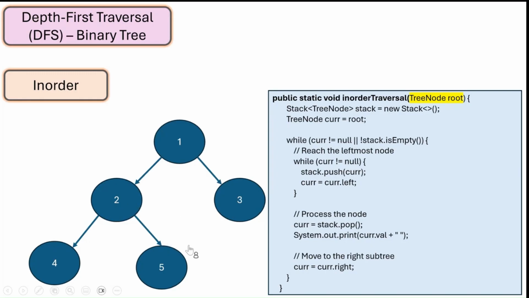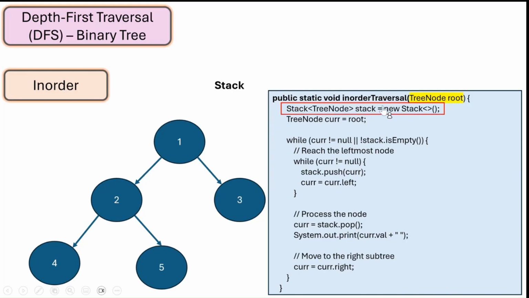For this backtracking purpose, we need to keep track of nodes, and then we need to check the last visited node, for which we need to check the other branches. Because of this backtracking requirement, we need to use the stack in all the subtypes of DFS traversal. Like we saw in pre-order, in in-order also we are using the stack.